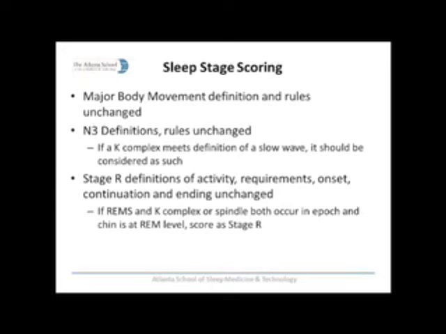In epoch 27, if there is a K-complex or spindle in epoch 27, but it falls in the second half of the epoch, then 27 goes to stage N1, and 28 returns to stage N2. If following the arousal in epoch 27, the K-complex or spindle falls in the first half of the epoch, then all epochs remain in stage N2.